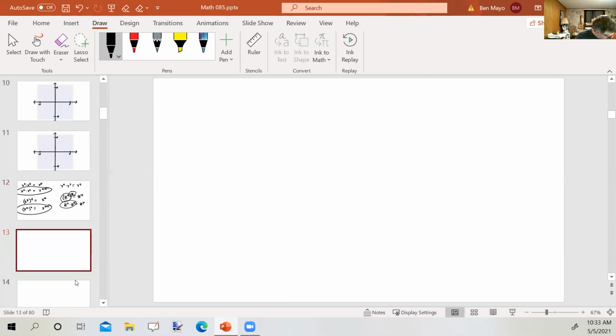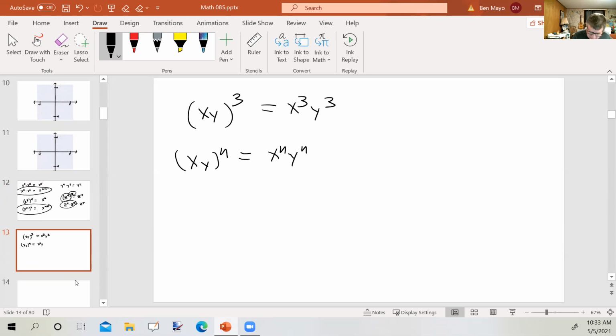If we have a product like xy raised to a power, we take that power and attach it to each factor inside of that product. So in general, if we have xy to the n, that's x to the n, y to the n.